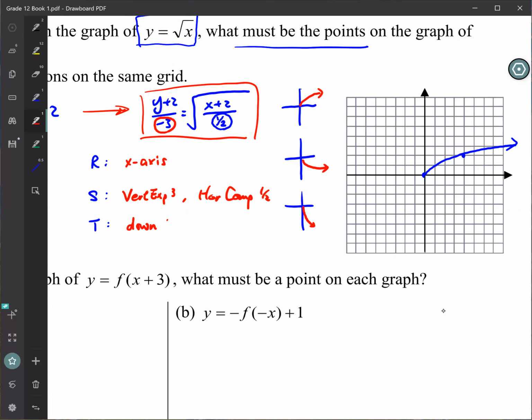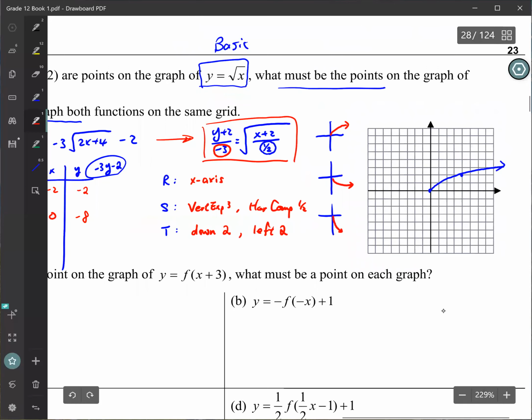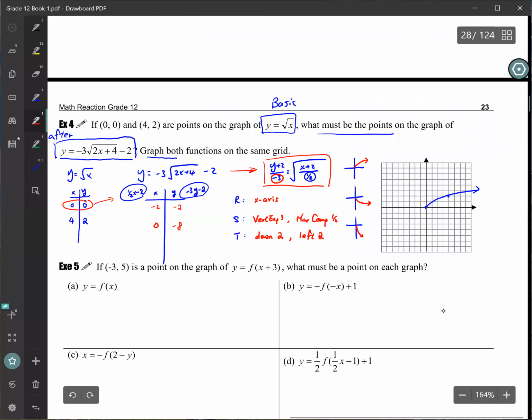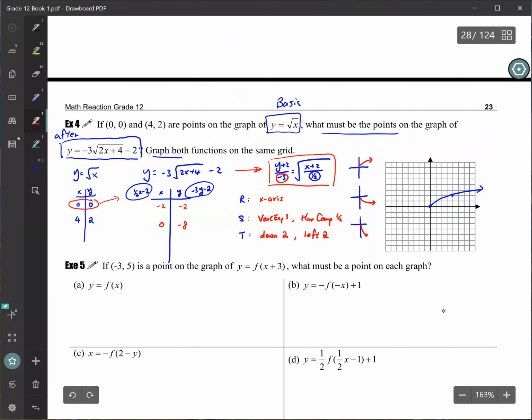Yeah, down by 2, because it's y plus 2, so it'll be down by 2. And then left 2. Very good. After that, you just move the whole graph. So basically, this comic tells you which way your curve goes. Now we can plot the points with the red.